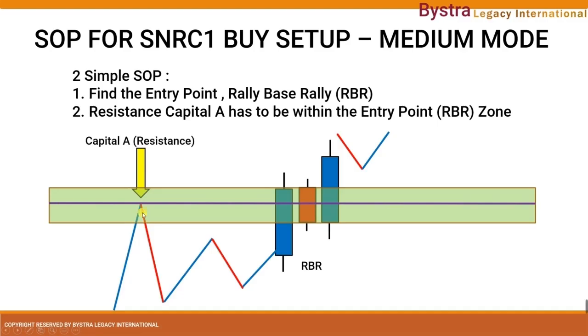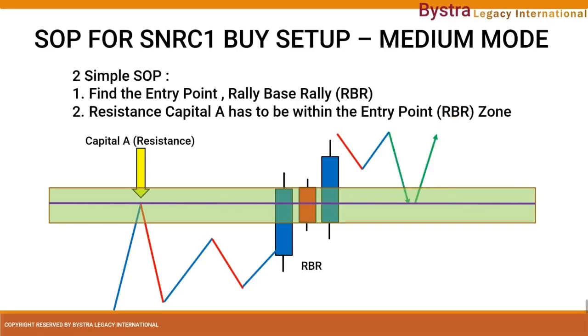As we can see here, this is the capital letter A, the horizontal line, and it is inside the body base of the entry point. So where you should put your PO, your pending order, will be this horizontal line. This is where you should put your pending order, and then price will come back to this zone, react and continue on the uptrend.